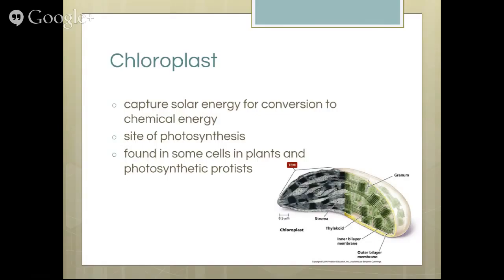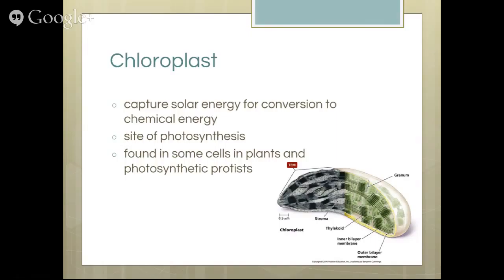Where you're going to find chloroplasts are in the leaves, on the outside edges of some of the other plant organs like the stems. Basically where you see green on a plant, that's where you're going to find the chloroplast. And like I said, it's going to be found just in those cells, not in every cell within a plant.